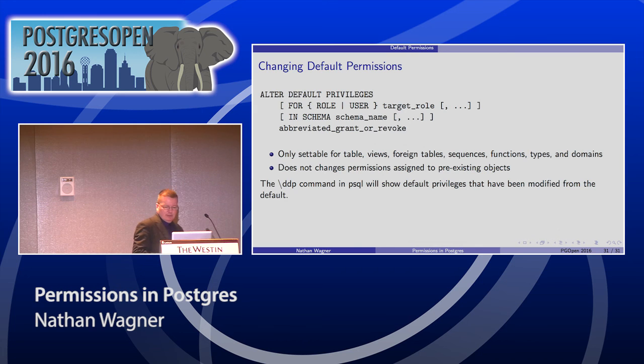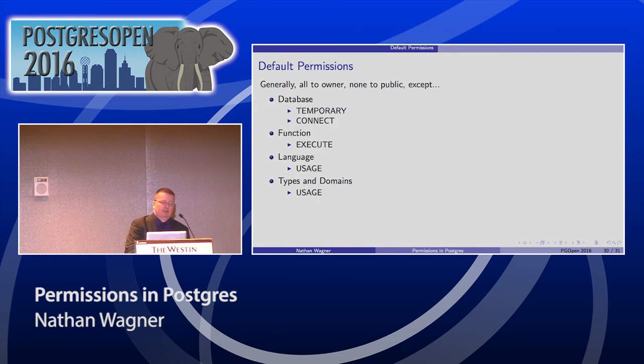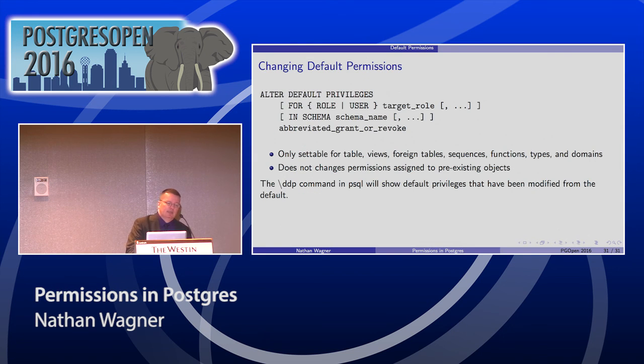We talked briefly about changing default permissions, because we have the defaults here, which are all the owner and none of the public, but you can change that for a role and possibly only for objects in a particular schema. The main use I think of is you may wish to do something like alter default privileges for role read-only in schema public, grant select on tables.